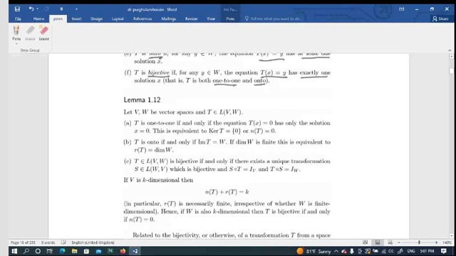For V and W as vector spaces and T as a linear transformation, we have the following properties.